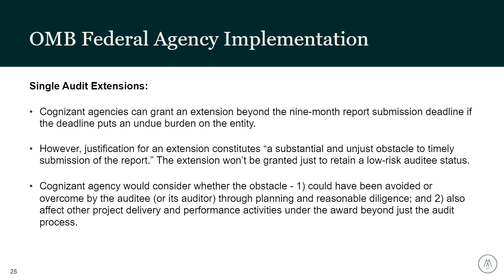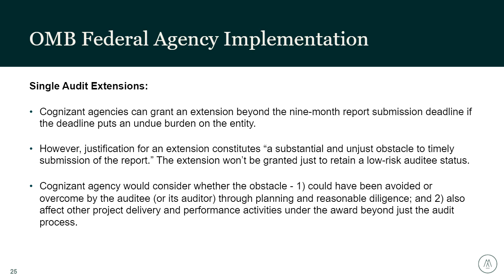However, what OMB has told federal agencies is that the justification for an extension, what they consider to be an undue burden, constitutes, and I have this in quotes here, "a substantial and unjust obstacle to timely submission of the report." So what they're saying is that you can't just ask for an extension so that you can maintain your low-risk auditee status because you're not able to meet the deadline at the last minute.